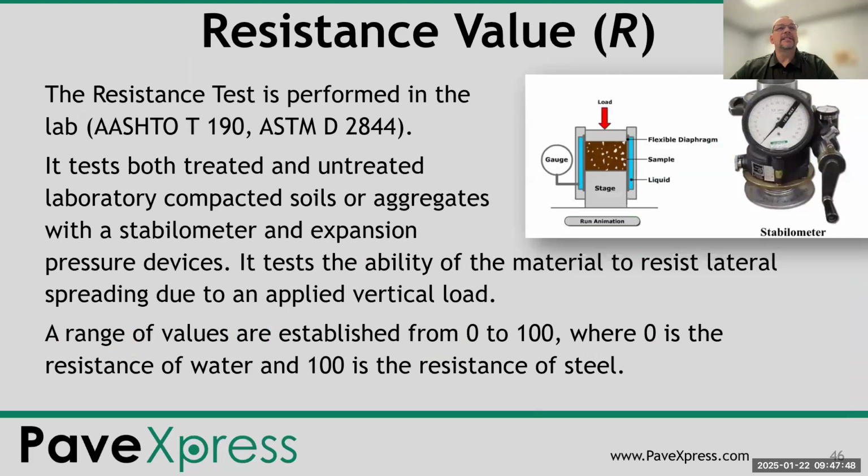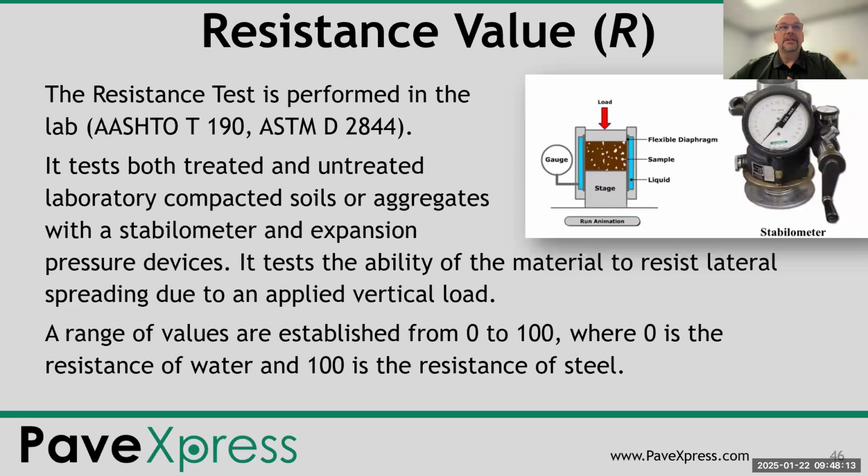When we talk about resistance value, that's the R value. The resistance test is performed in the lab, AASHTO T190 and ASTM D2844. It tests both treated and untreated laboratory compacted soils or aggregates with a stabilometer and expansion pressure devices.